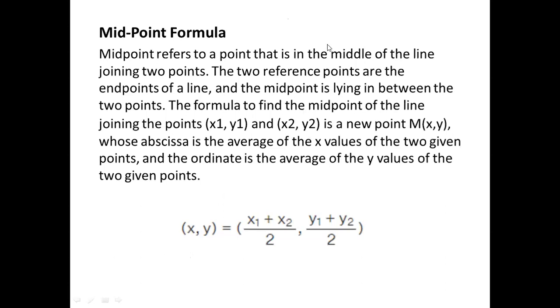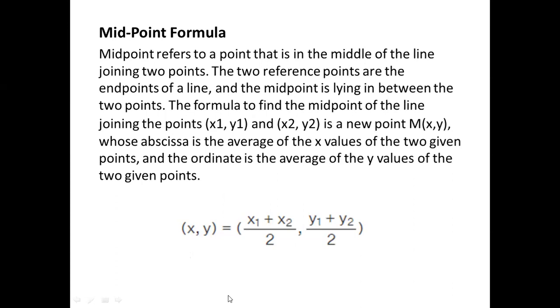As well, we will talk about the midpoint. The midpoint refers to the point that is in the middle of the line between 2 points. The 2 reference points are the endpoints of the line, and that point lies between them in the middle.